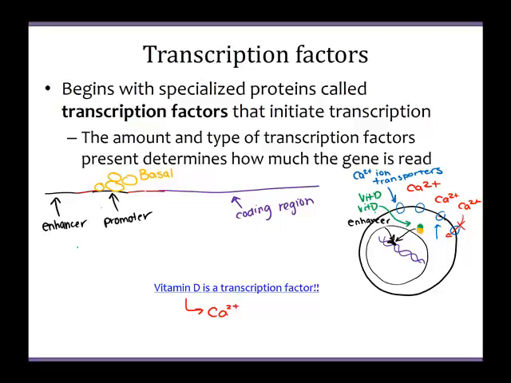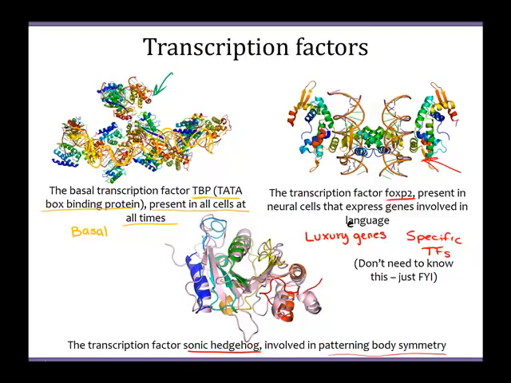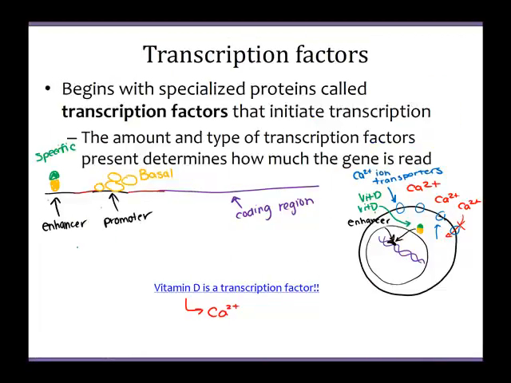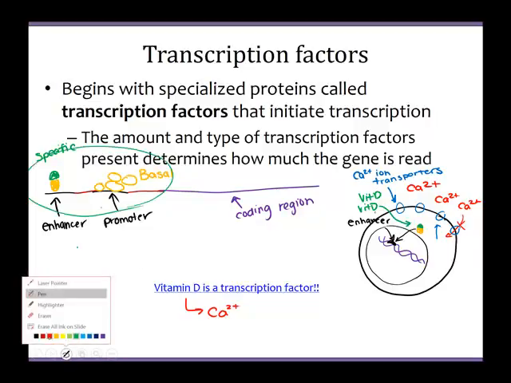Now, we need not only basal transcription factors to read this gene, we also need our specific transcription factor. And as it turns out, that combination of the vitamin D receptor and vitamin D is a specific transcription factor. So that specific transcription factor and the basal transcription factors together are enough to attract our buddy RNA polymerase.